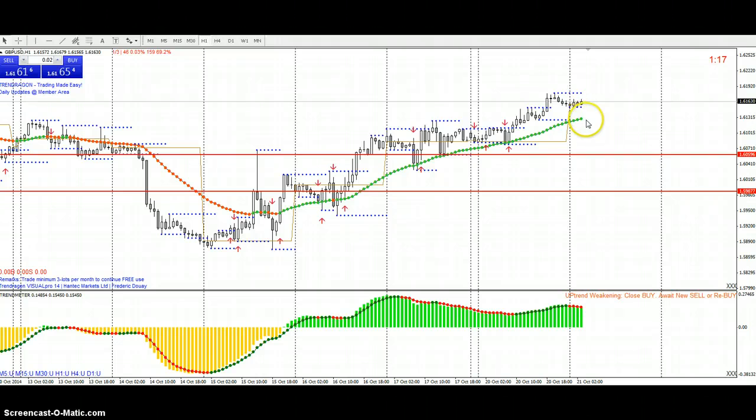I would probably want to wait for it to come back down to the trendragon trend line a little bit before entering. So the short-term position right now on the counter trend is on the upside. If you want to consider the downside, you would want to wait for a significant level to be broken, and in my opinion, the next significant level to be broken is at 1.6059. Okay, that's it for the British pound.